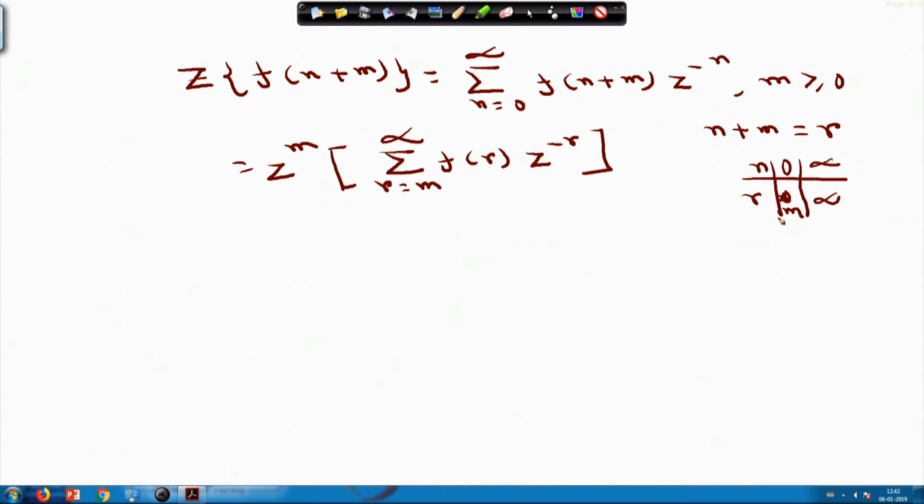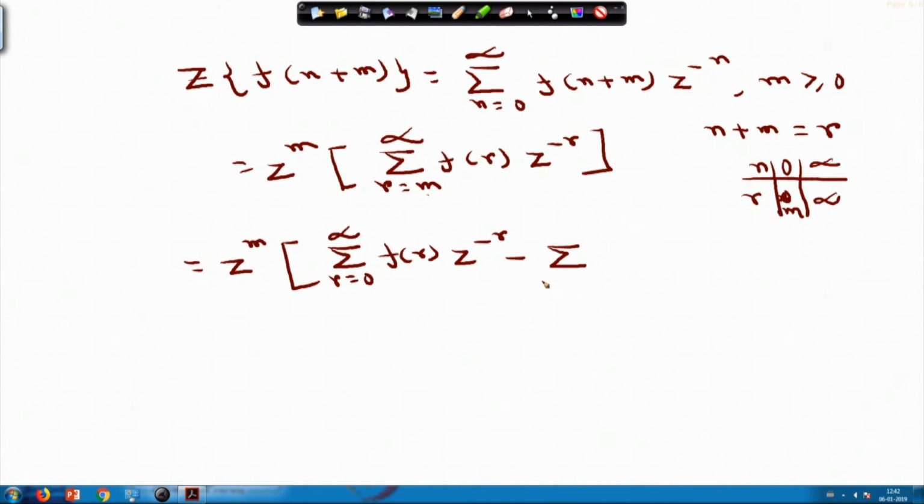So that summation over r from m to infinity, I can write as z to the power m into summation r equals 0 to infinity f of r z to the power minus r, minus summation r equals 0 to m minus 1 f of r z to the power minus r.